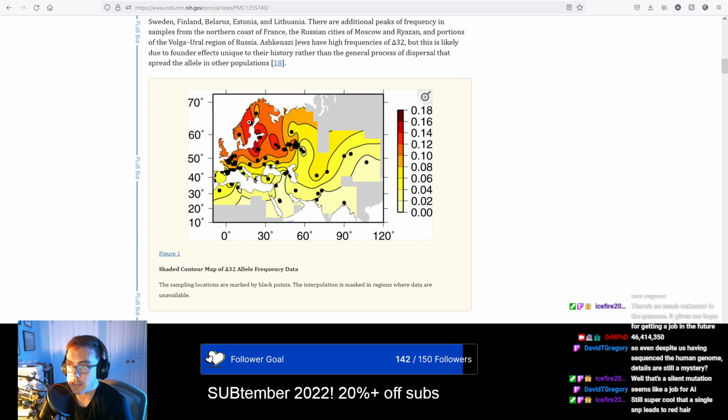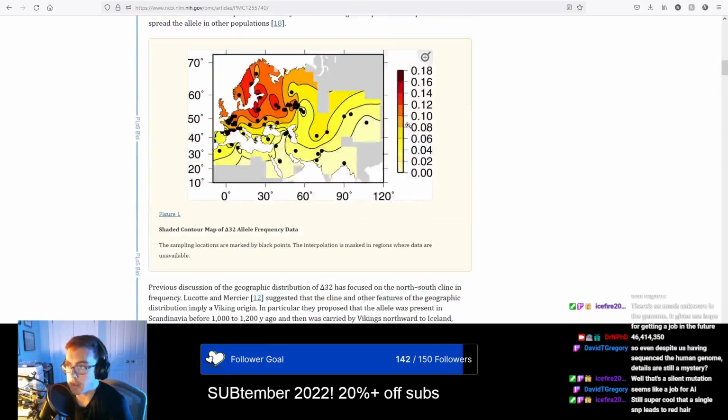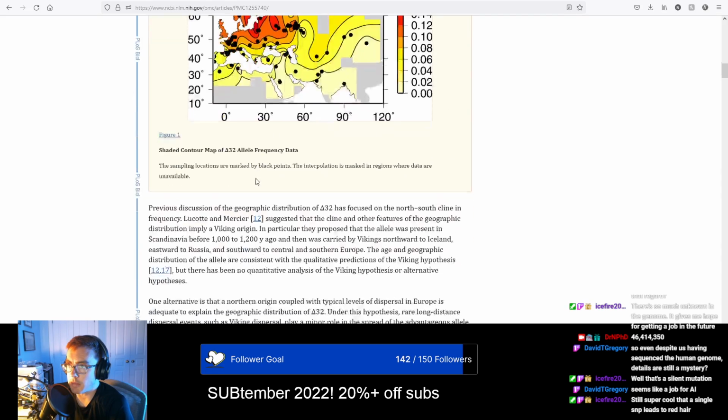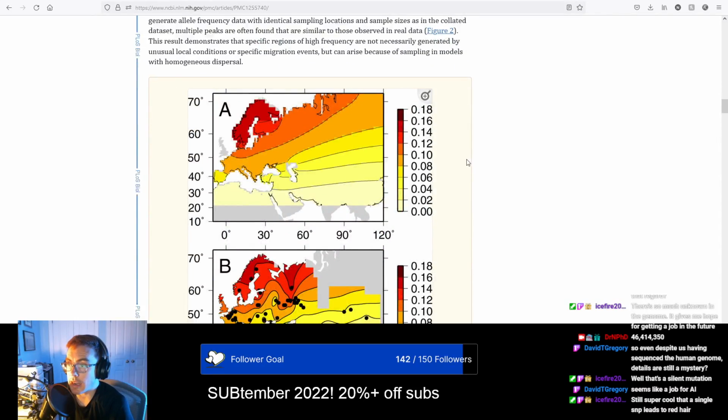They think it's Scandinavian in origin, so clearly some individual around here at some point had this deletion, and then their many ancestors have spread out over time. That is approximately where my ancestors are from, so it doesn't guarantee me, because it's a very small proportion. But I wouldn't be surprised if I had it.